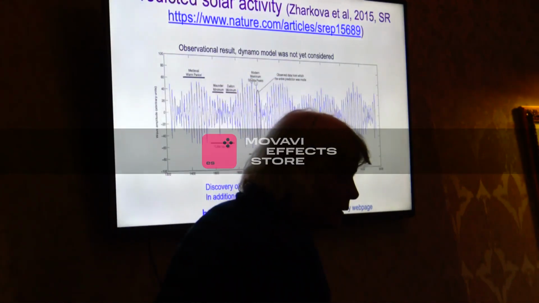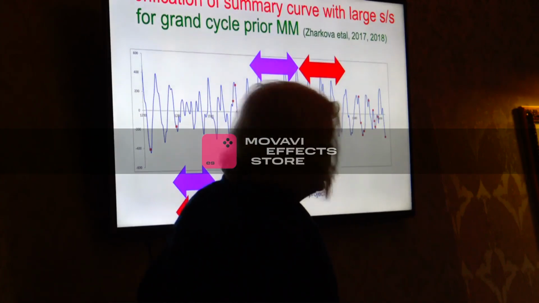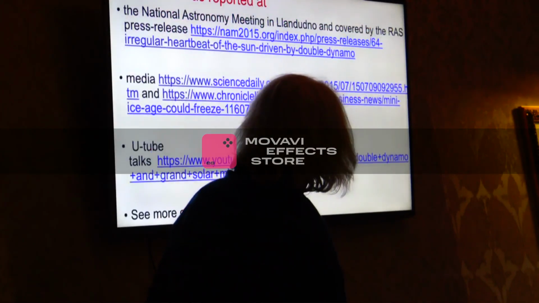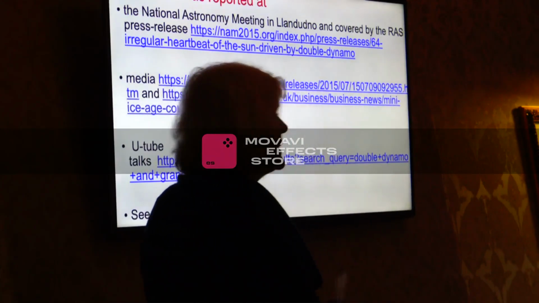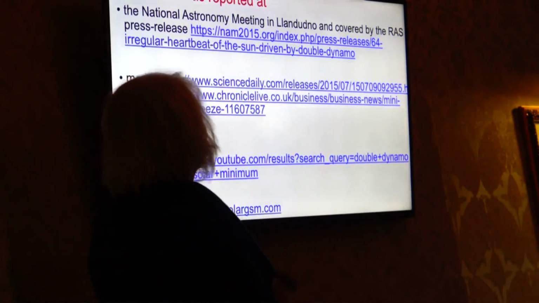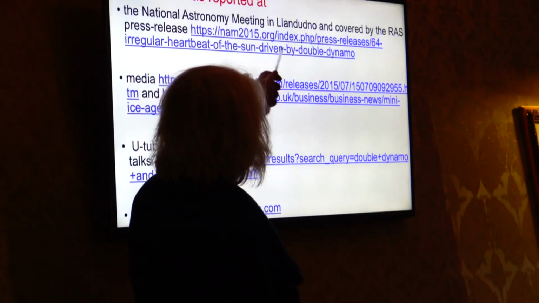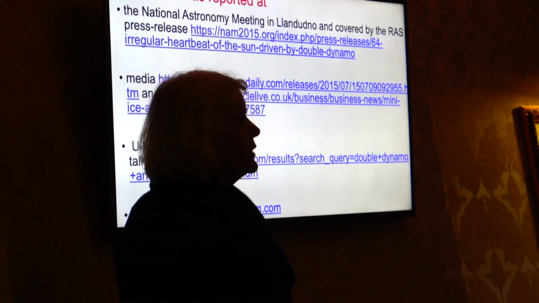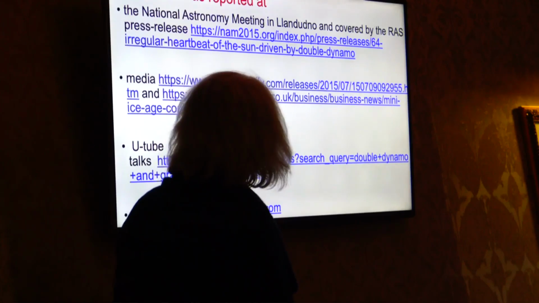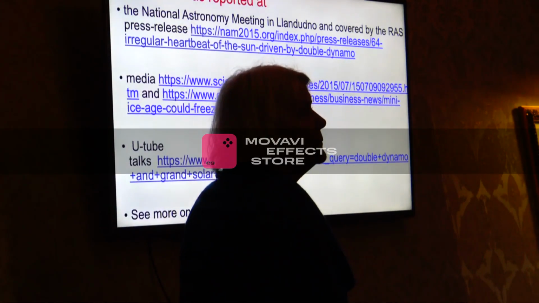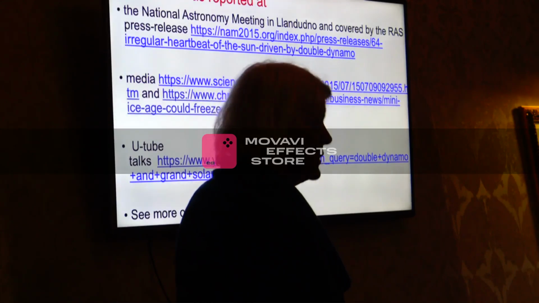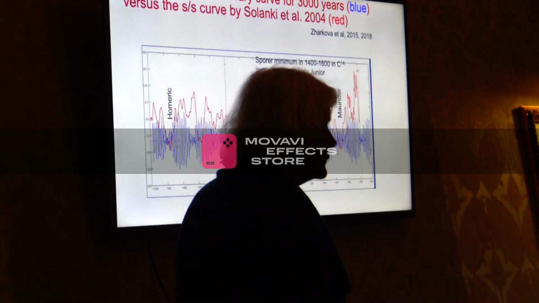And if you look at another one, the many others I will show you here. This result was actually reported at the National Astronomy Meeting 2015 in London. We had a press release, and many other media; probably you saw it in presentations and media and my interviews.